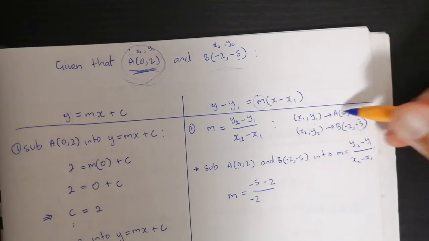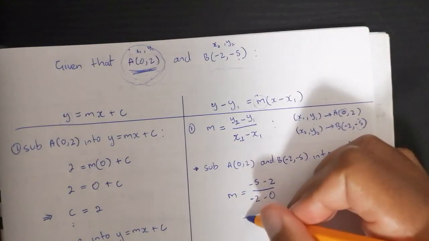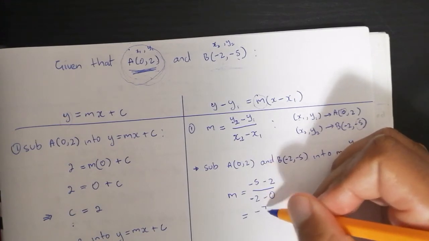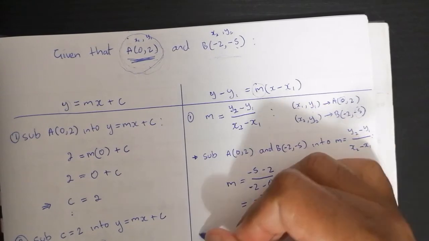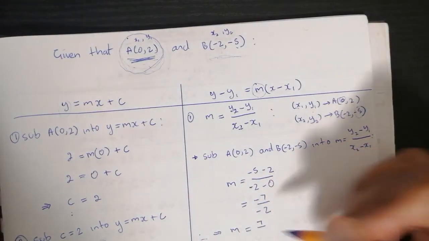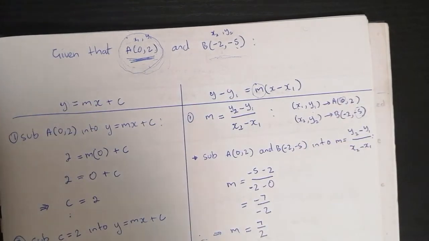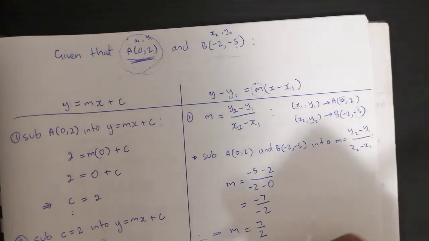And then for x1 substitute 0. And that gives us minus 7 over minus 2, which just equals 7 over 2. So m is 7 over 2.